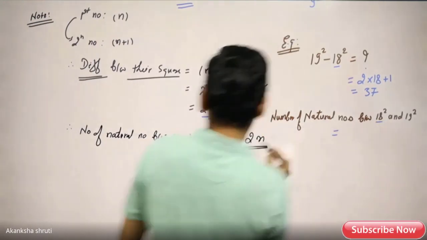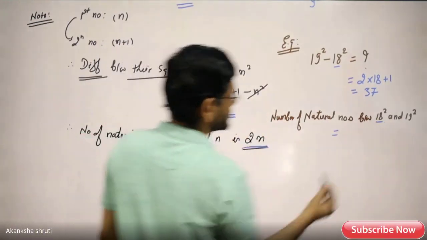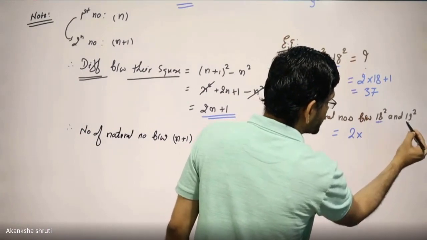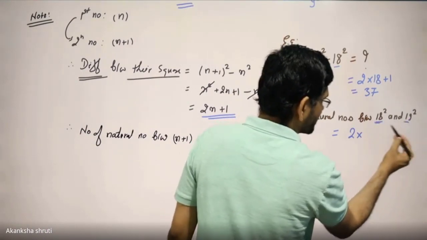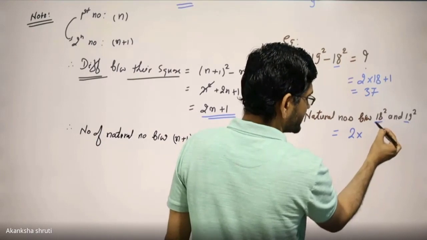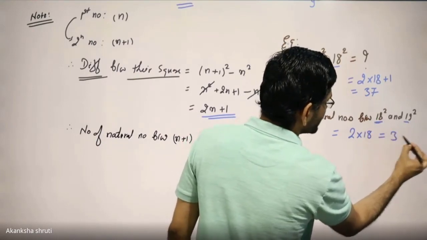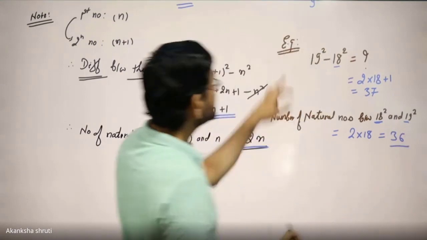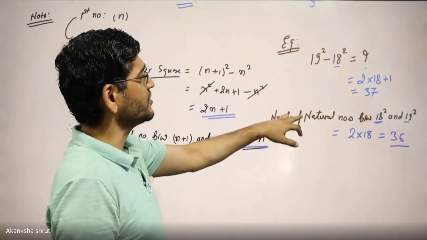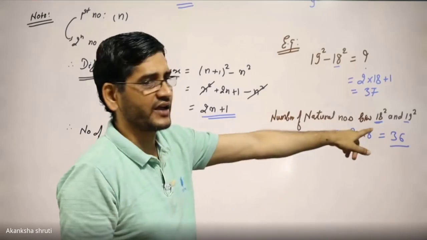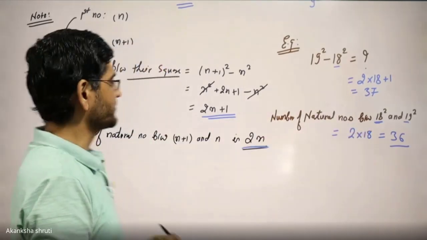Here, this formula we are going to use. So 2 multiplied by the smaller, but keep in mind these two numbers must be consecutive, meaning continuous. There we have to take the smaller one. It is our 36. Are you getting? This is the difference we calculated, and this is the number of natural numbers between them that we have calculated.